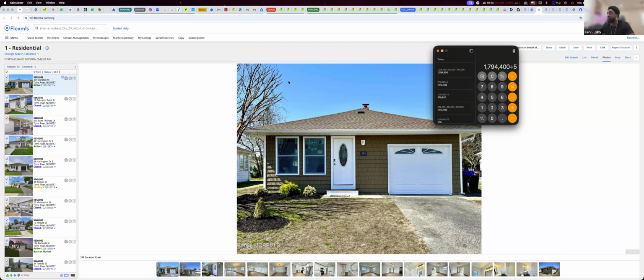And now I will divide by five, and I'm just going to round it up to 360. So on average, if I'm going to flip this house, I'm thinking I can get about 360, 370. I'm not going to aim for the sky. I'm going to try to price it right in the middle and pray that I can get it sold for a decent price. So 360, 370.